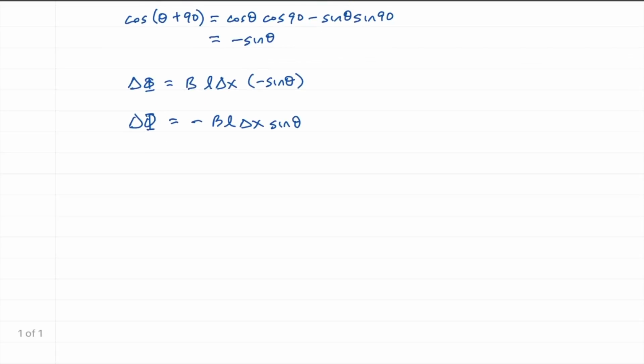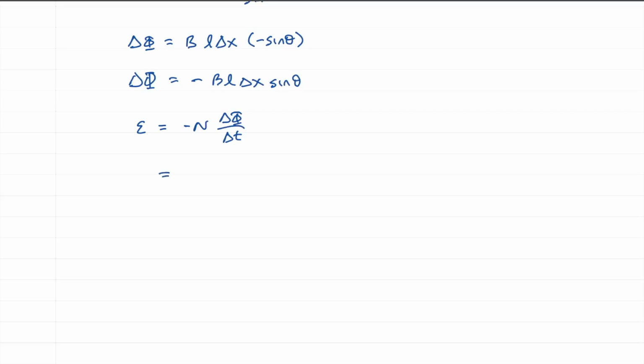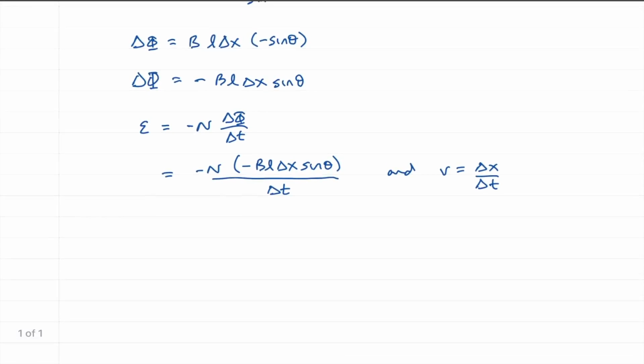Okay, induced EMF is minus N times the time rate of change of flux. Okay, so we have minus N times minus BL delta X sine theta, all of that over delta T. And we know that the velocity is delta X over delta T. Okay, so we have a minus minus for a plus.